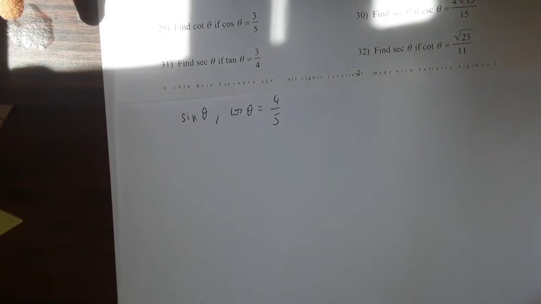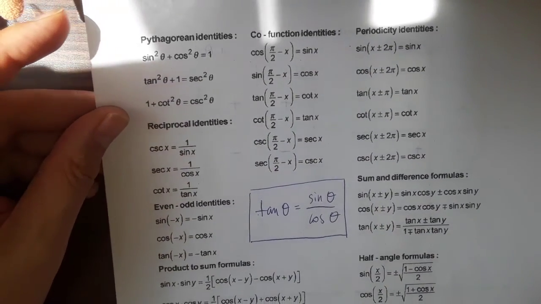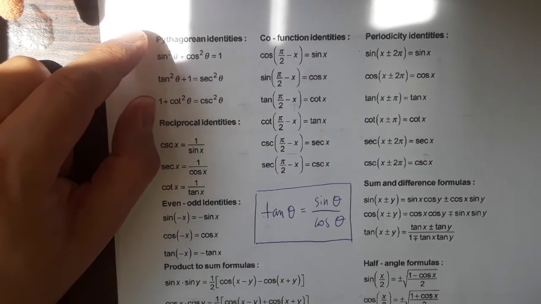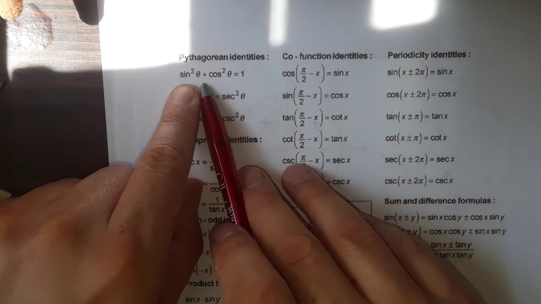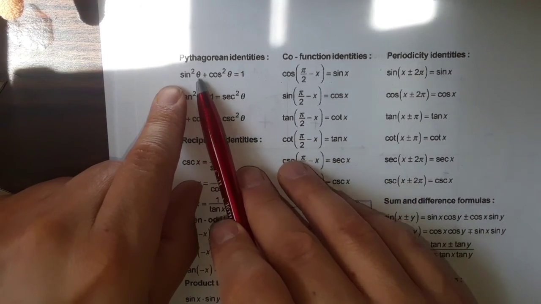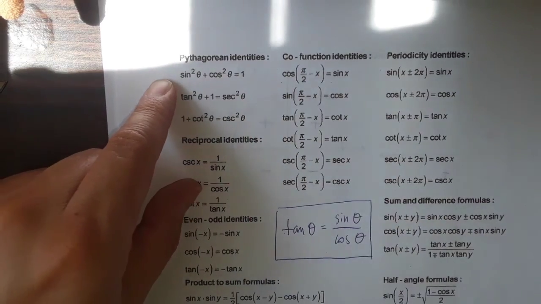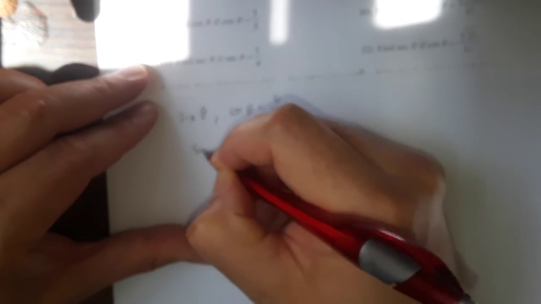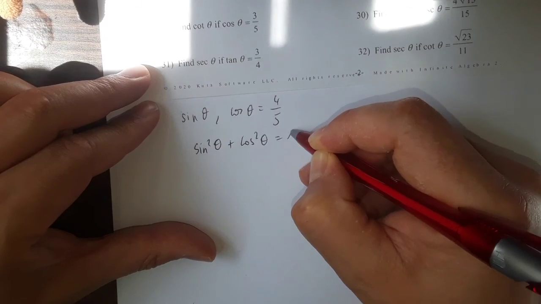To do these, we have to know the Pythagorean identities. The relationship between the sine and the cosine is the Pythagorean theorem, where sine squared plus cosine squared has to be equal to 1. That's actually what we have seen already in the unit circle, right? So we know that sine squared plus cosine squared must be 1.